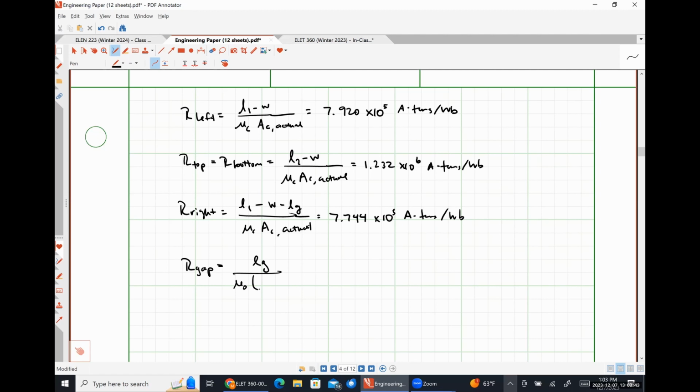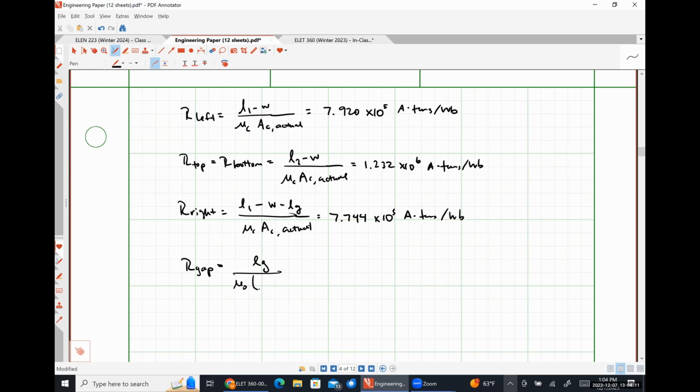What's the area that the flux sees as it passes through the air gap? Do we need to incorporate the stacking factor? No, hell no. The stacking factor is only for the core, right? So this is just the air outside. So it's just looking at the absolute dimension. We don't need to take that into account.